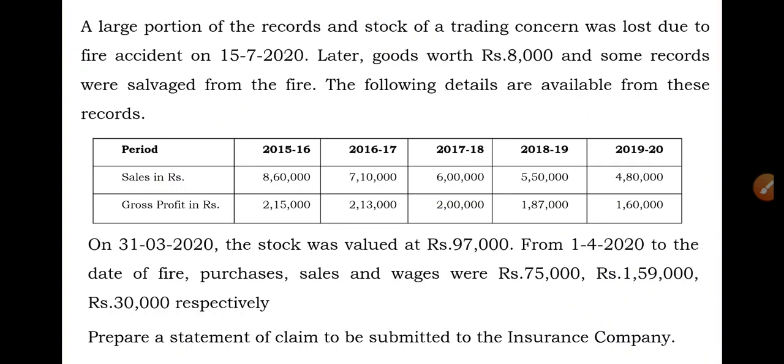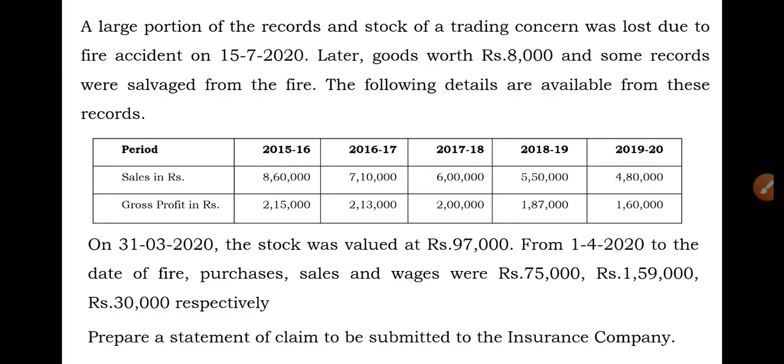And then the following details are available from these records. So some information is available to us from the salvaged records. Here the question gives sales and gross profit for the past few years.